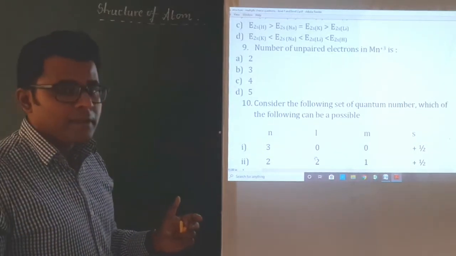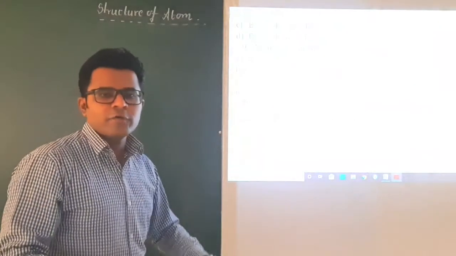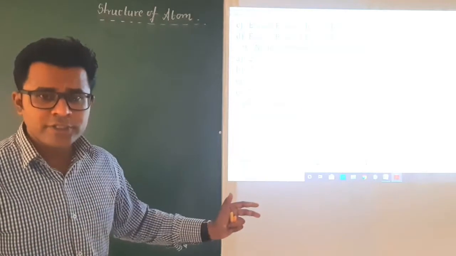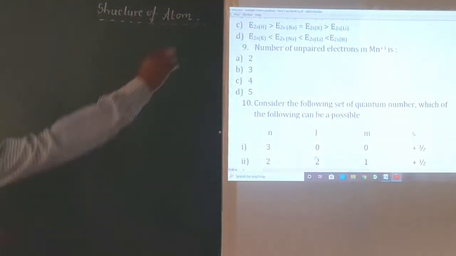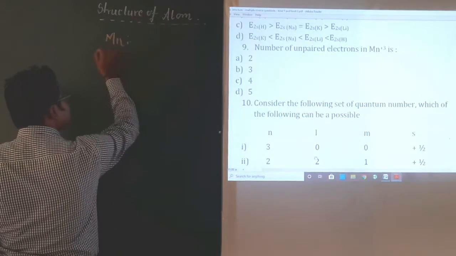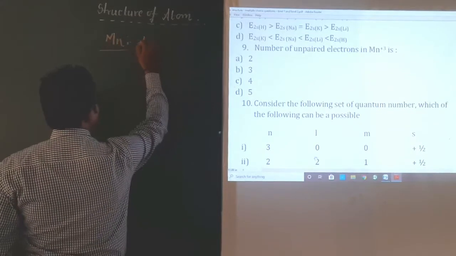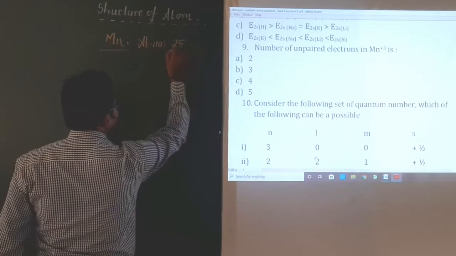From the atomic number, we need to understand its electronic configuration. From the electronic configuration, you try to remove 3 electrons, then we will come to the answer. Right? So therefore, taking into consideration Mn here, what do we have? Atomic number is 25.